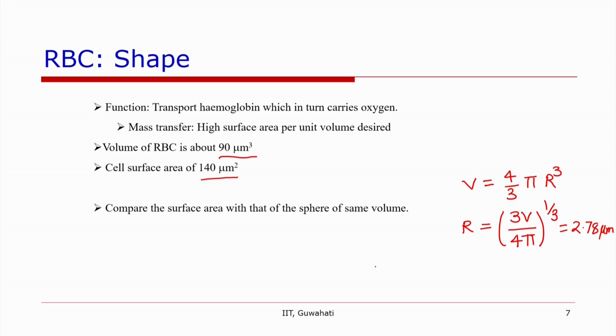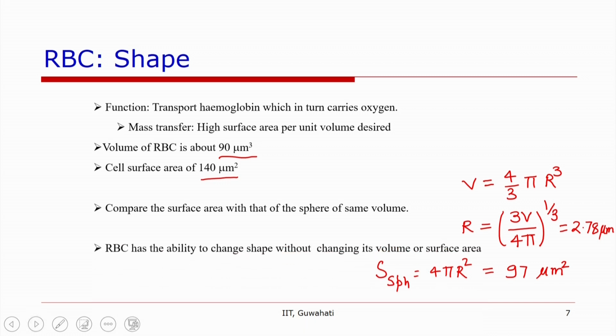Now, if we calculate the surface area of a sphere of this volume, that is equal to 4 pi r square, we will get about 97 micron square. So, the surface area of discoid shape is about 1.5 times of a sphere of the same volume.